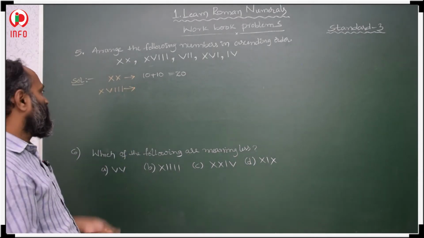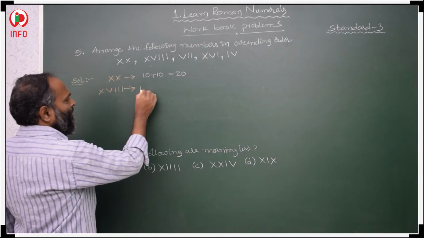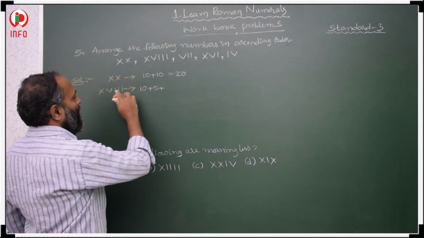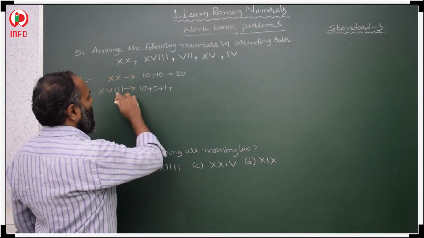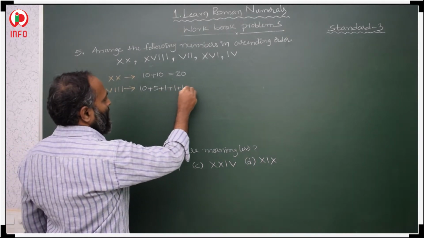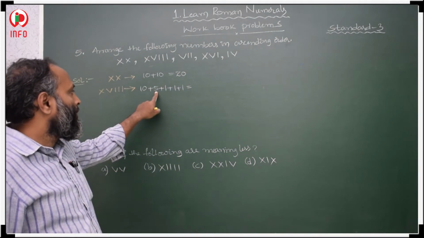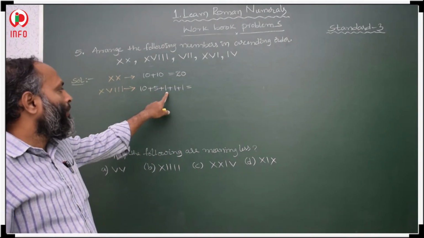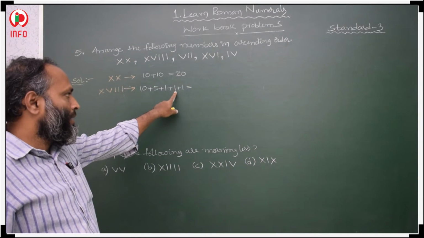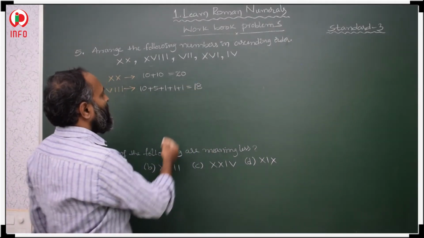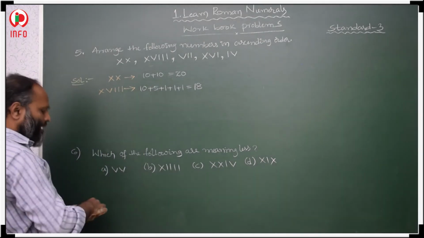X means 10, V means 5, a smaller one, so addition, and I means 1, smaller and repeated: 1 plus 1 plus 1. 10 plus 5, 15, 15 plus 1, 16 plus 1, 17 plus 1, 18. This is 18.